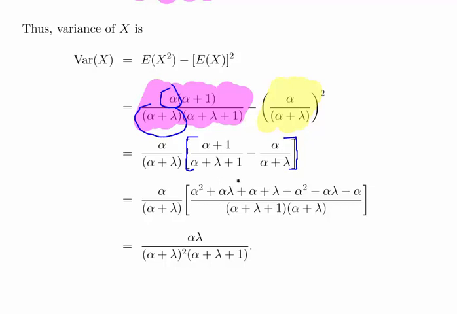It's a straightforward enough algebraic operation, but take your time with it. You work through it. Alpha squared cancels out. Alpha times lambda cancels out with that minus alpha times lambda. That alpha cancels out with that alpha, so we are just left with lambda. And that is the answer: alpha times lambda divided by alpha plus lambda squared times alpha plus lambda plus 1.